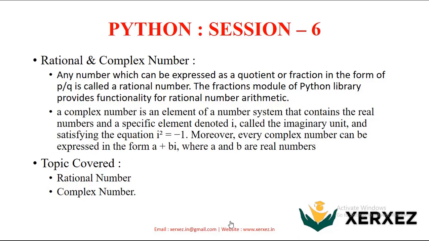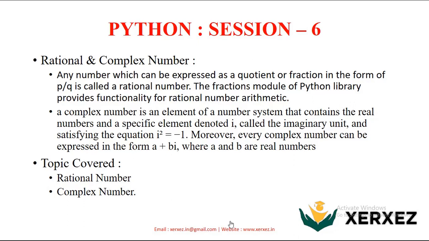The fractions module of the Python library provides functionality for rational number arithmetic. A complex number is an element of a number system that contains the real numbers and a specific element denoted i, called the imaginary unit, satisfying the equation i squared equals minus 1.